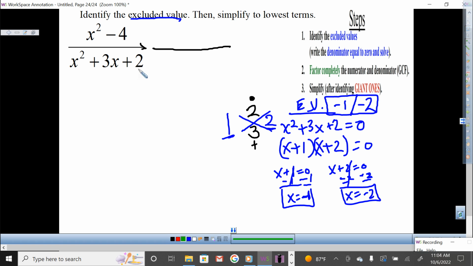X squared plus 3x plus 2, we need to do what? Factor completely, right? Yeah, x plus 2 and x plus 1. Yeah, so she factored. Yes? But of course you're going to check for your standard form and GCF. Yes? All right. Pass someone.